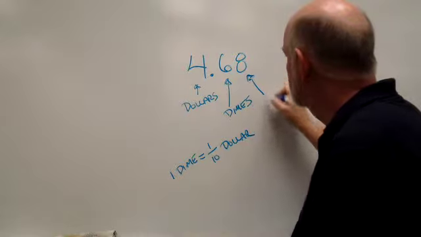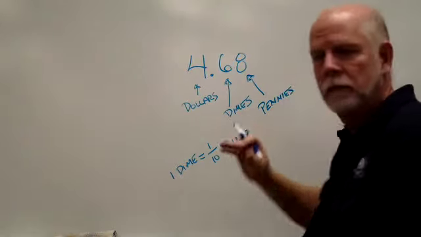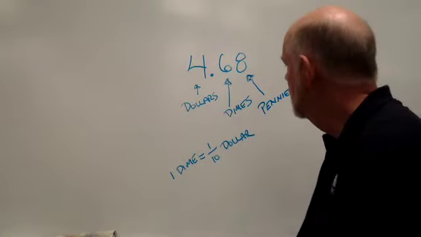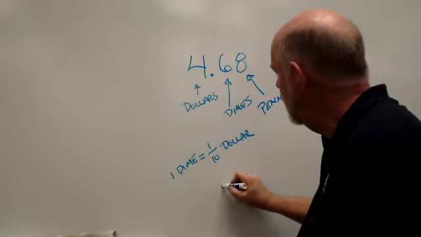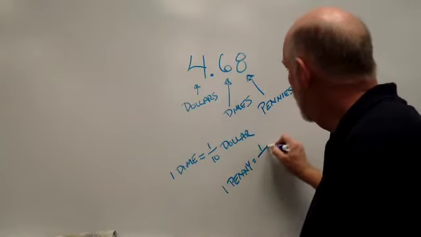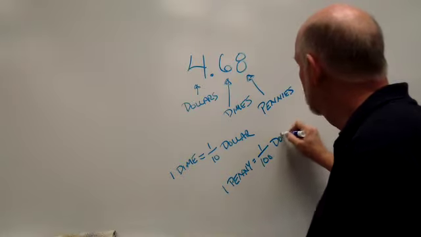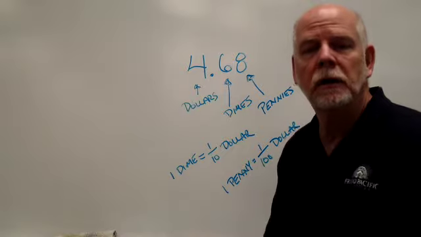And here is representing our number of pennies. And again, no nickels, we're just dealing with pennies. Well, that represents pennies because 1 penny equals 1/100th of a dollar. Right? Because it takes 100 pennies to make a dollar.